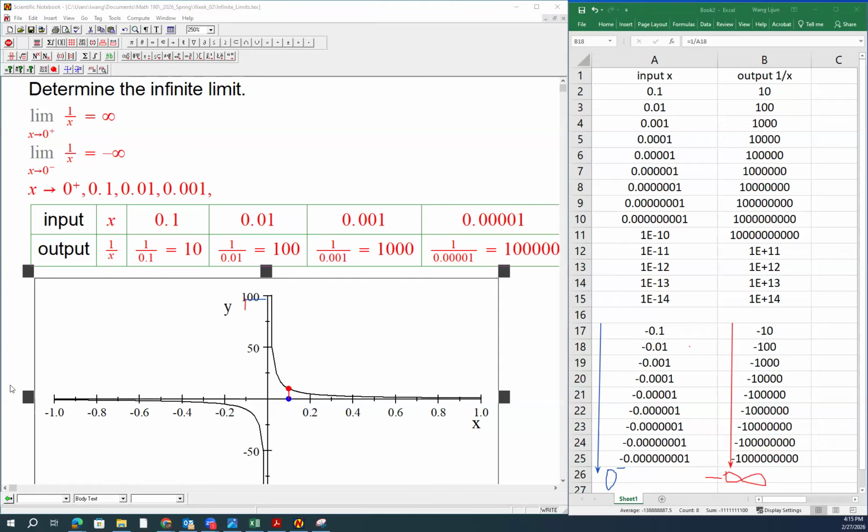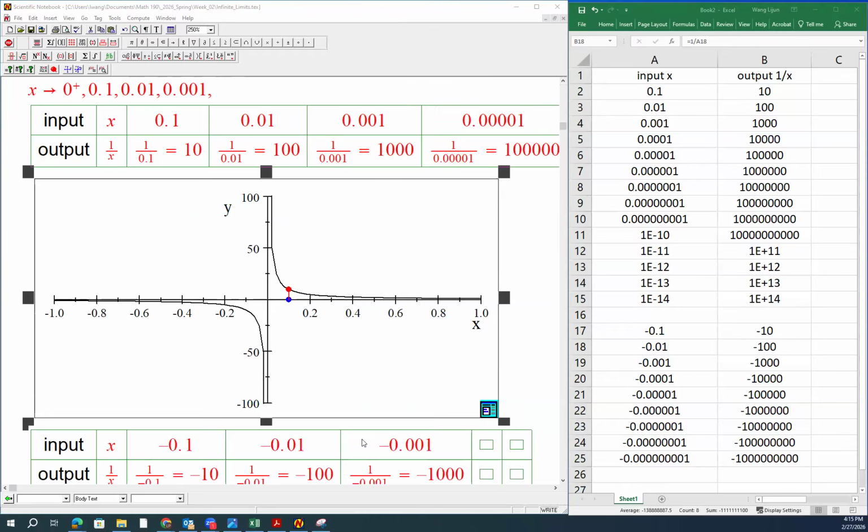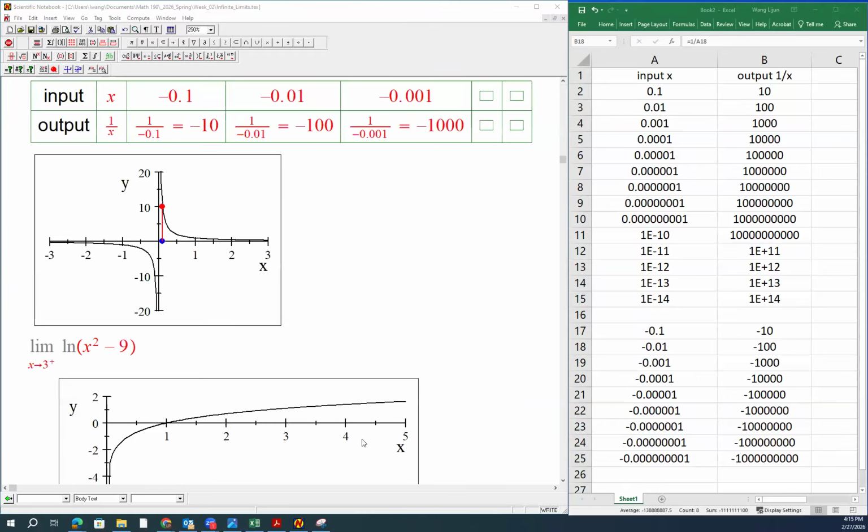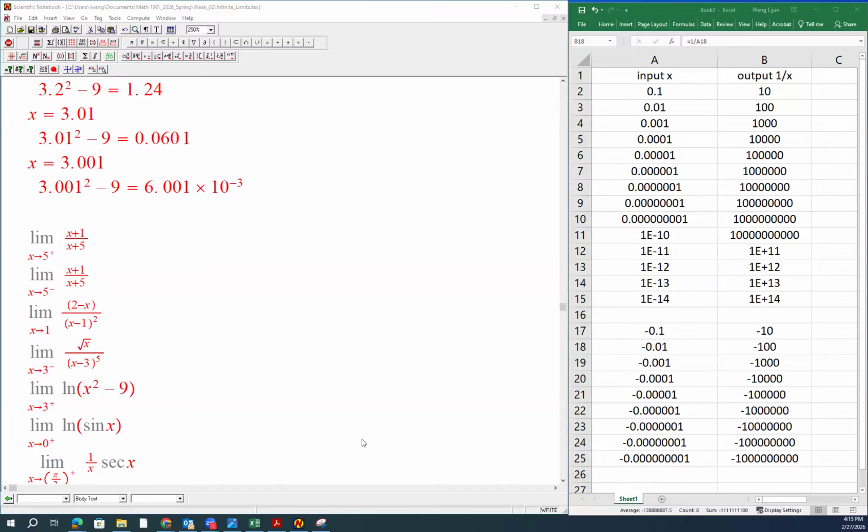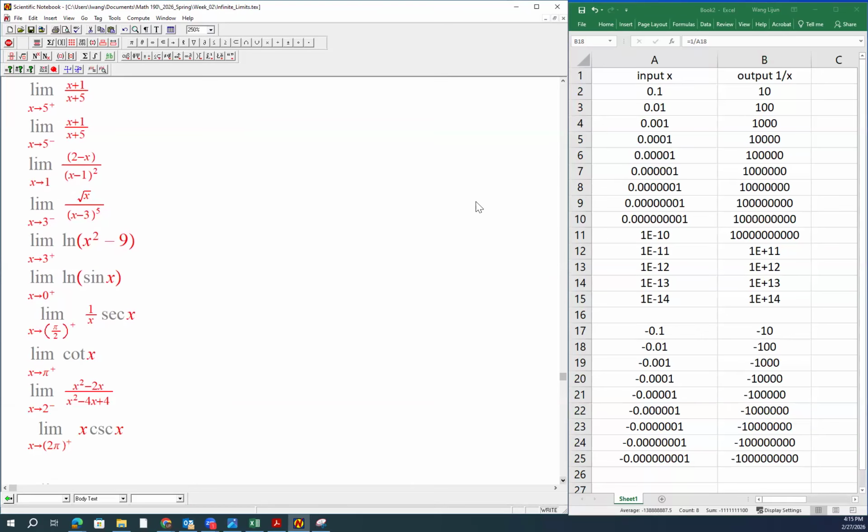So with that understood, we're going to look at some of these examples in our homework. I have typed these questions, and you're going to see how this model we just covered is relevant for our work.